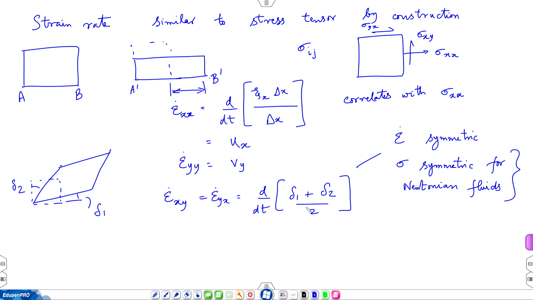So, now let us look at this property. This is sigma xx, sigma yy, sigma xy, and then you had the strain rate tensor.